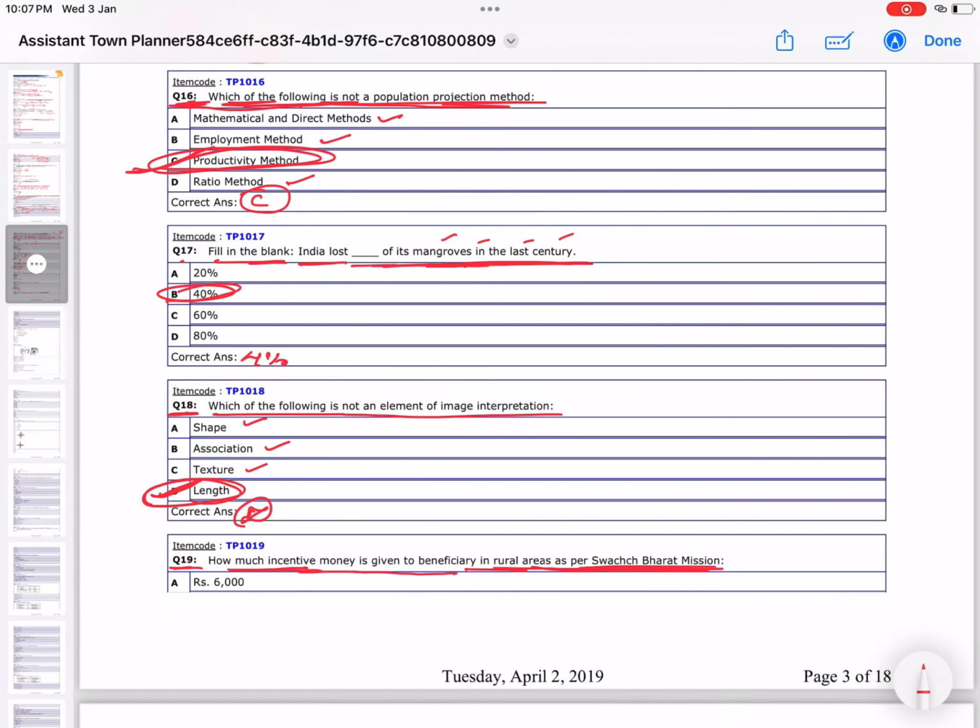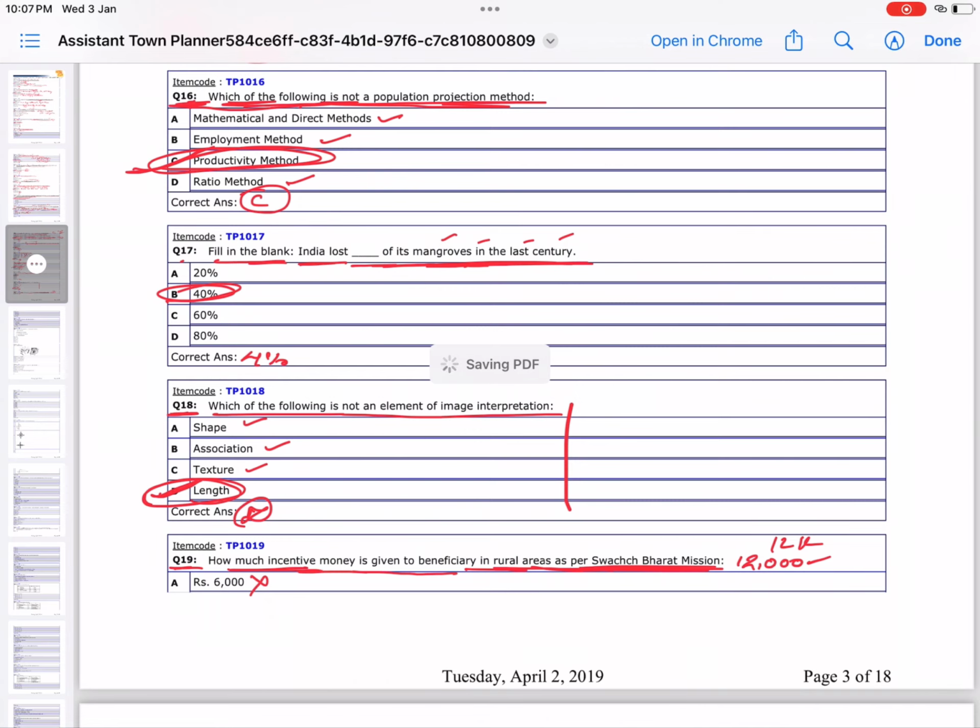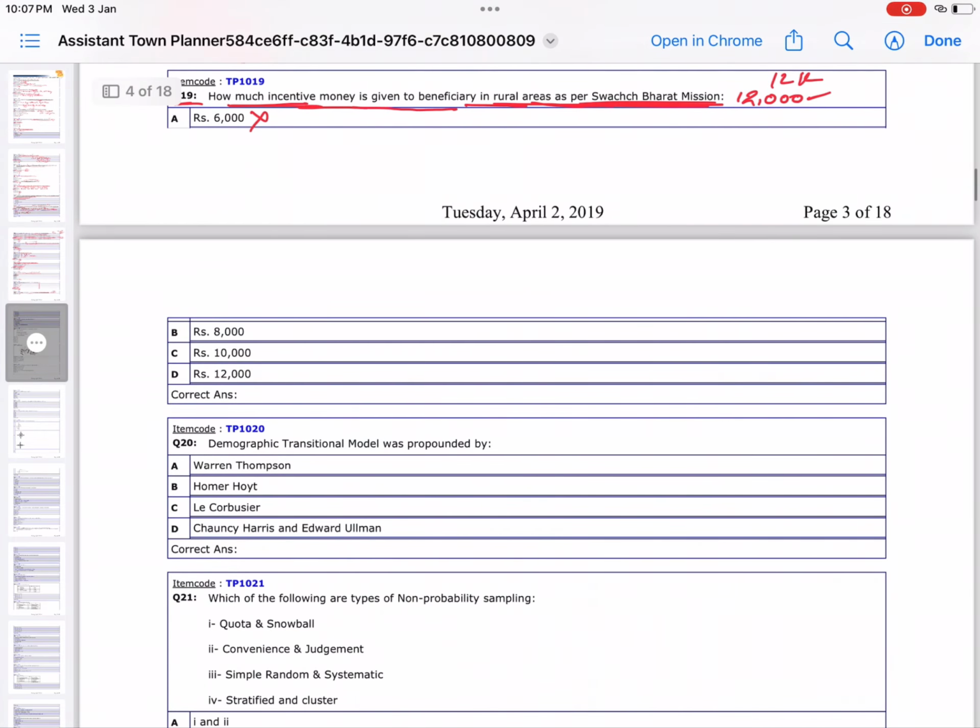They were given about 12,000, 12k. So option D is the correct one.